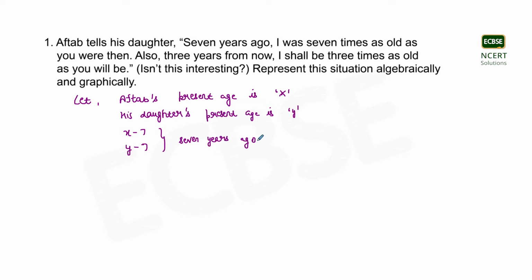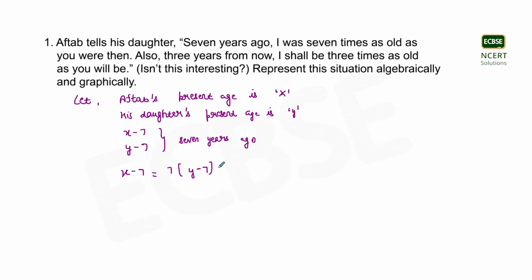and as the statement says, Aftab was 7 times as old as Aftab's daughter was then. Means Aftab's age was 7 times as old as Aftab's daughter was then. So Aftab's age is X minus 7, and it was 7 times Aftab's daughter's age.